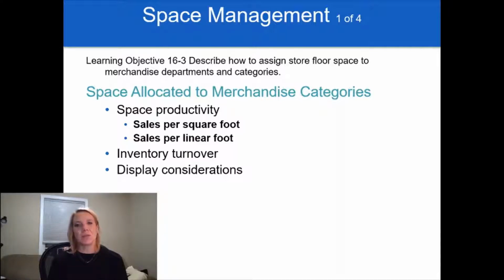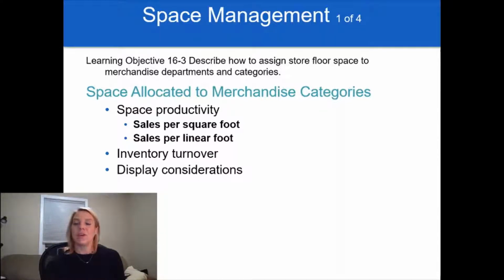In practice, retailers should allocate space to a merchandise category based on its effect on the profitability of the entire store. So a couple methods that you can use for this is sales per square foot or sales per linear foot. A more appropriate productivity measure, such as gross margin per square foot, would consider the contribution generated by the merchandise and not just the sales.